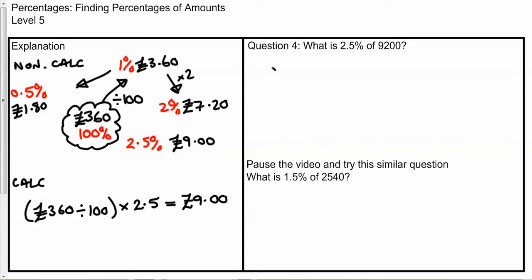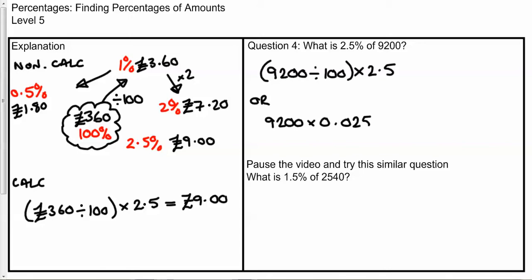So this brings us to the question here where we've got what is 2.5% of 9,200. Probably the easiest way to do it is take our 9,200, divide it by 100 to find 1%, and then times it by 2.5. Those who want to be really savvy, what you can do is combine the dividing by 100 and timesing by 2.5 into one step. Another way of looking at it is turning 2.5% into a decimal equivalent, and you can just directly times it by 0.025, and that's because 0.025 is 2.5% as a decimal.